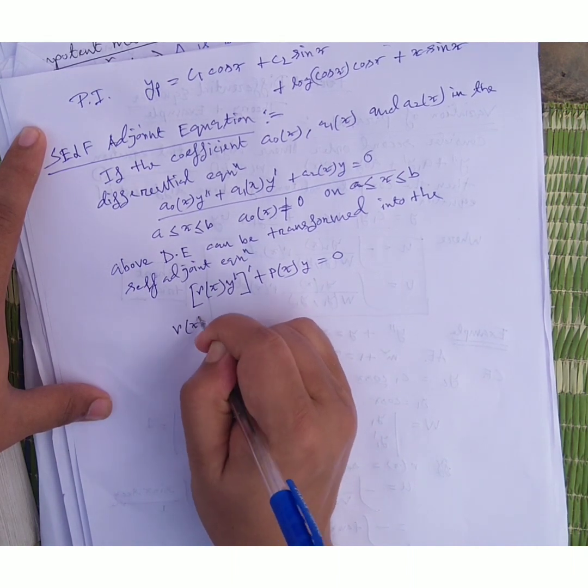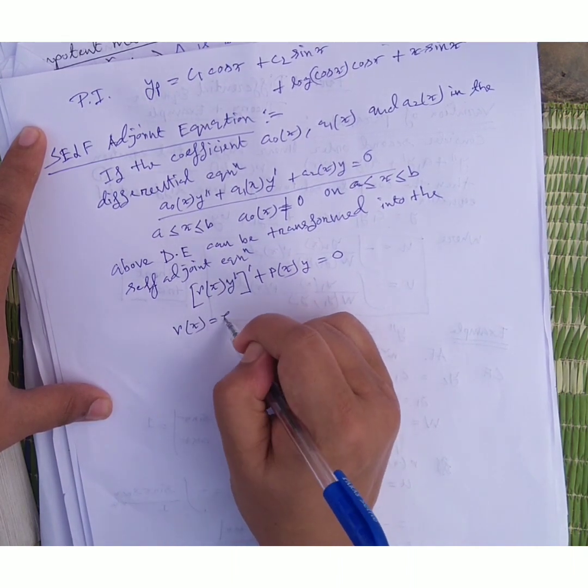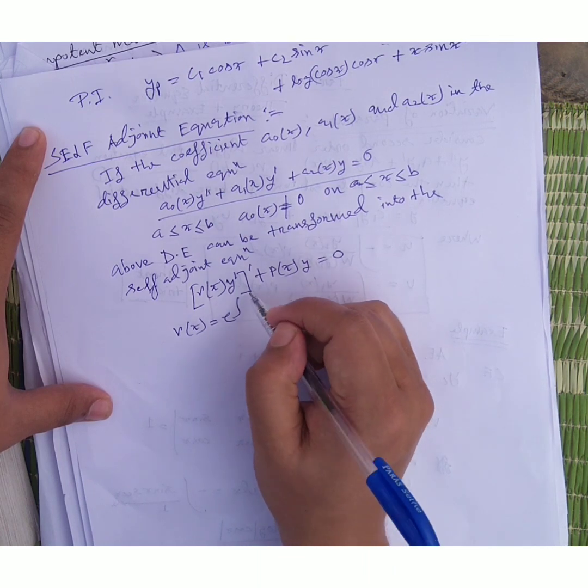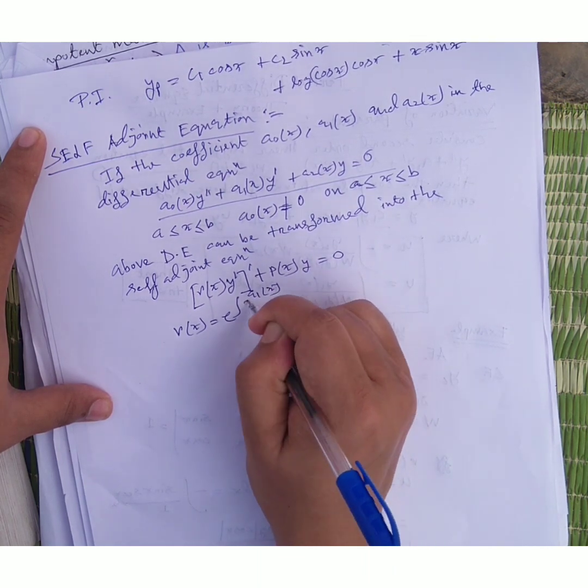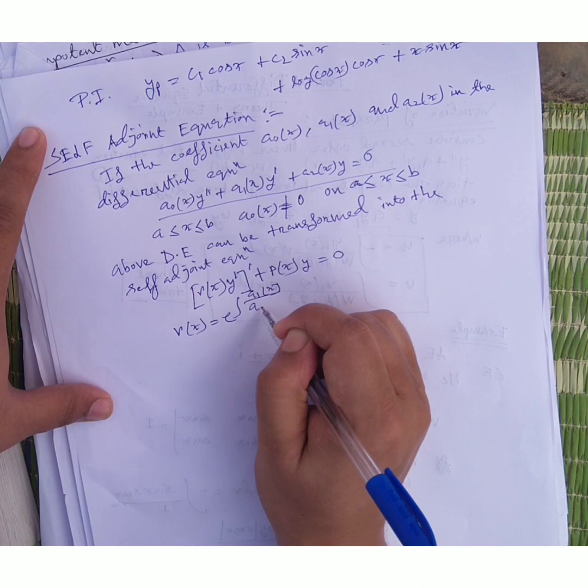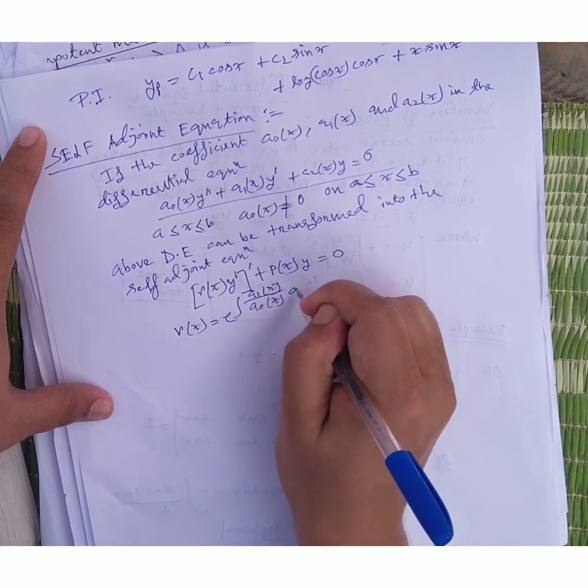So R(x) here is e to the power integral of a1(x) divided by a0(x) dx.